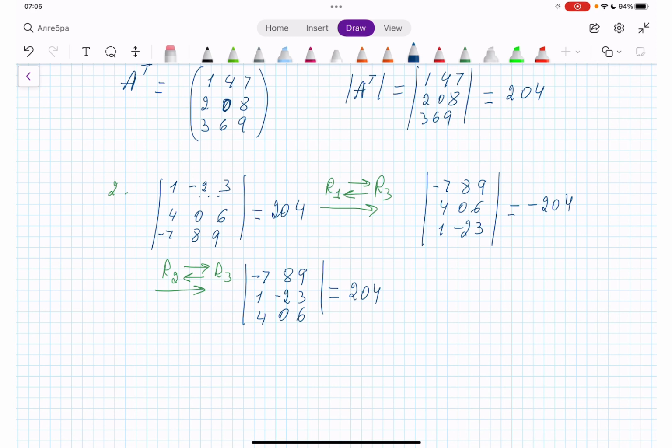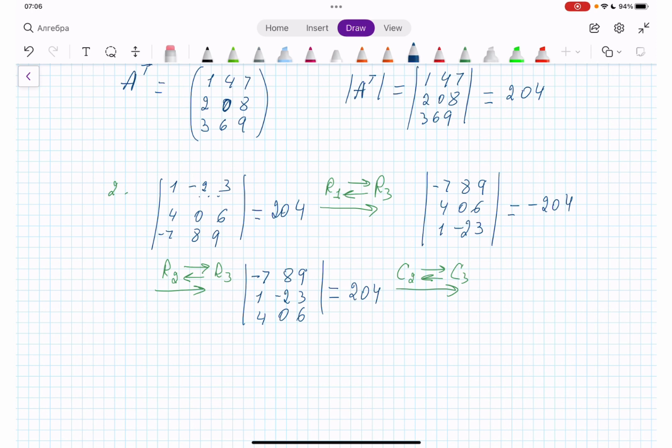Let's do one more time. We swapped the second and third rows already. Let's swap again, the second and third columns this time. Column C, second and third.